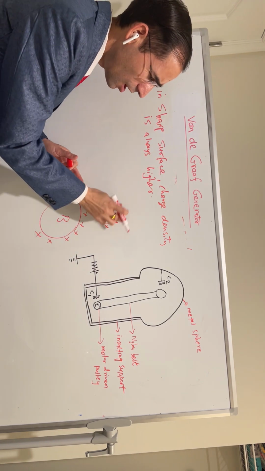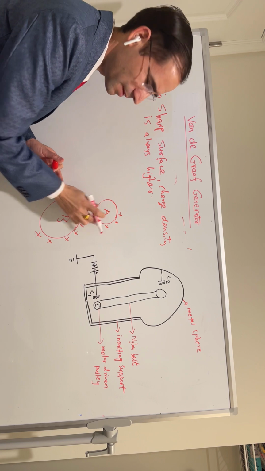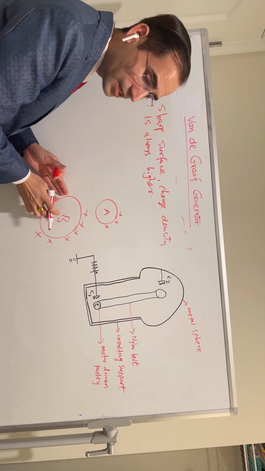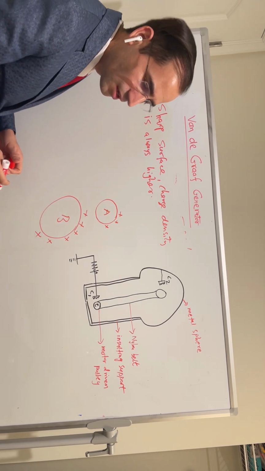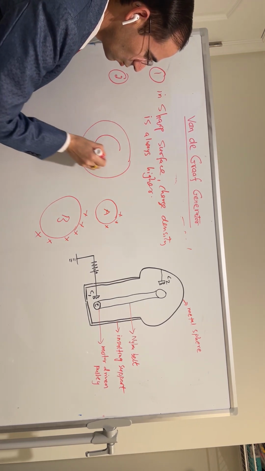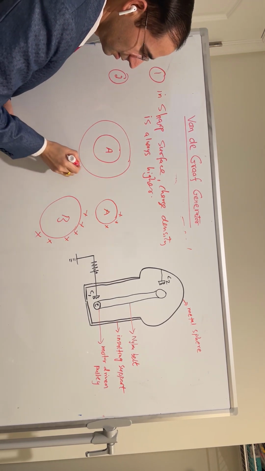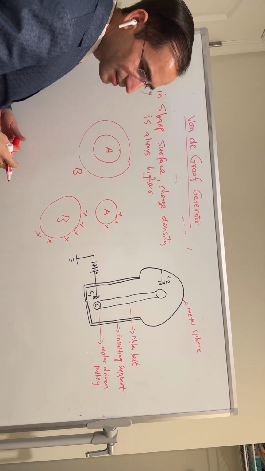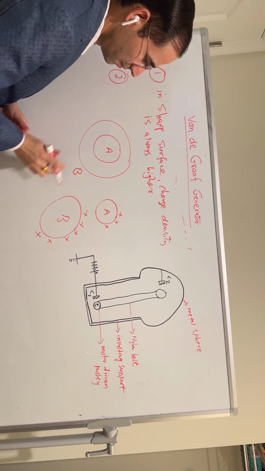If you want to remove all the positive charge from this spherical cell to this, what you can do is place this smaller one inside the bigger one.